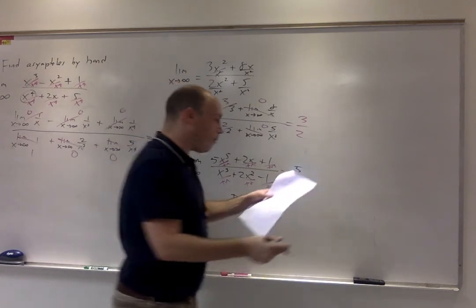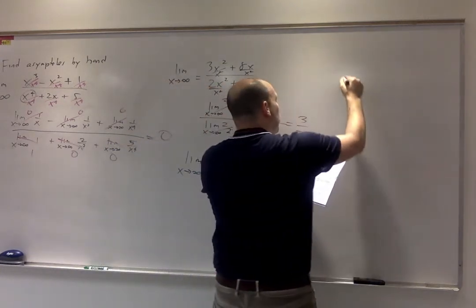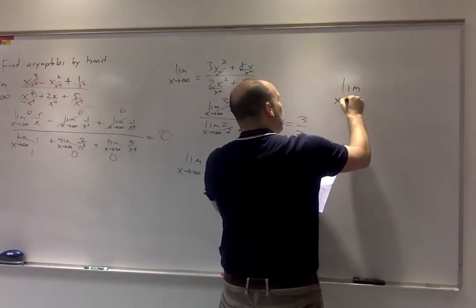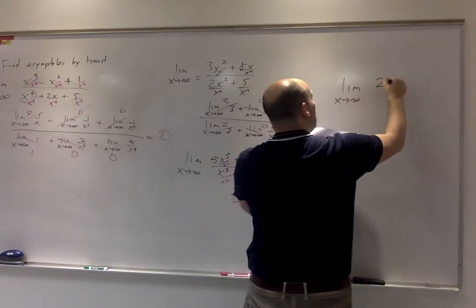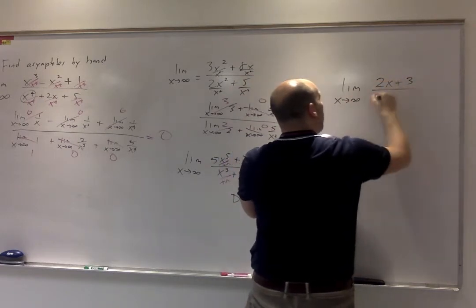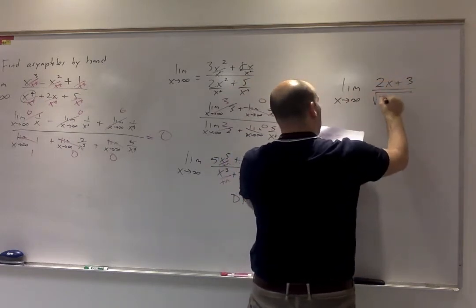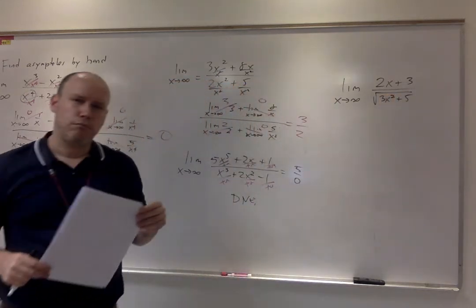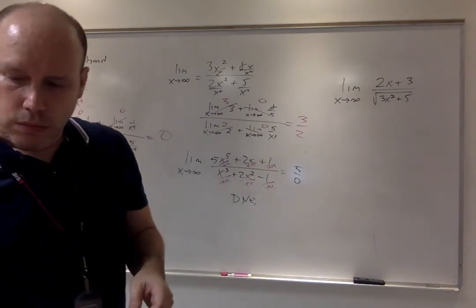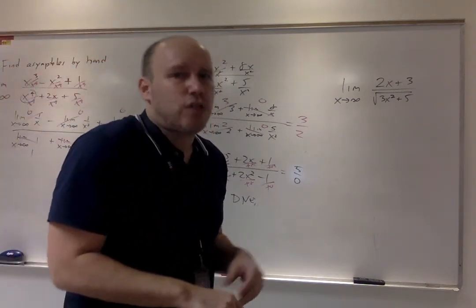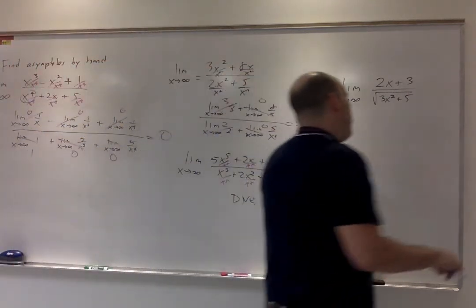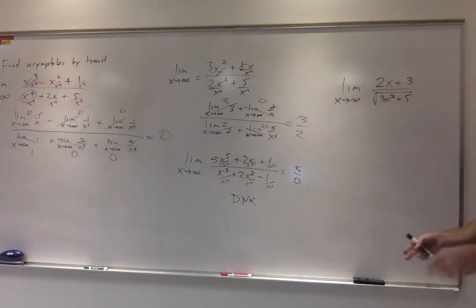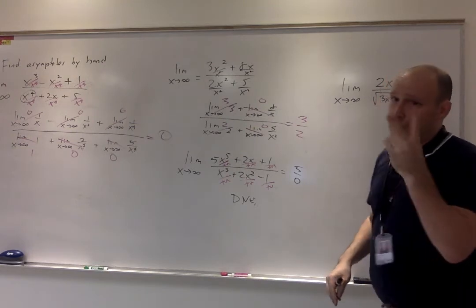Here's a challenge problem. What is the limit as x goes to infinity of 2 plus 3x over the square root of 3x squared plus 5? Well, it's not much of a challenge if you think about it. Think about it. Okay, here's the answer. Here's two ways of thinking about it.